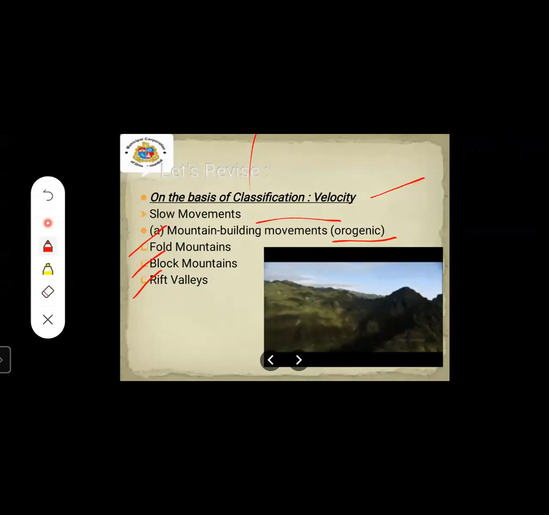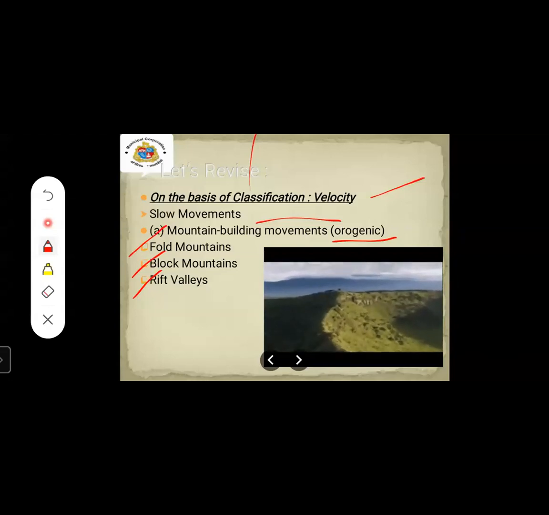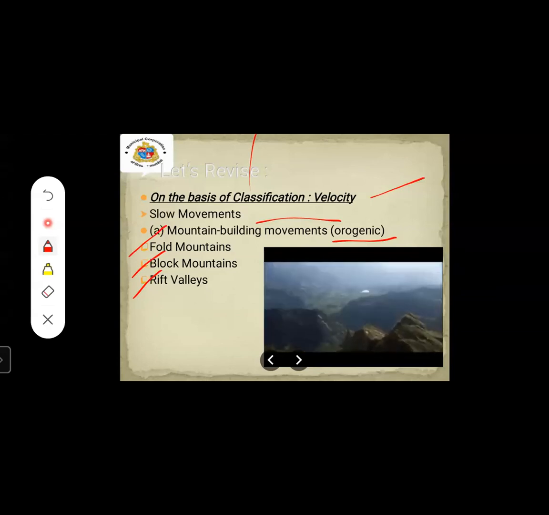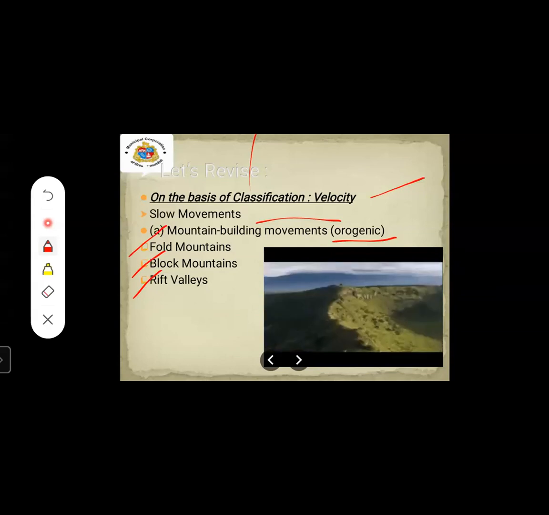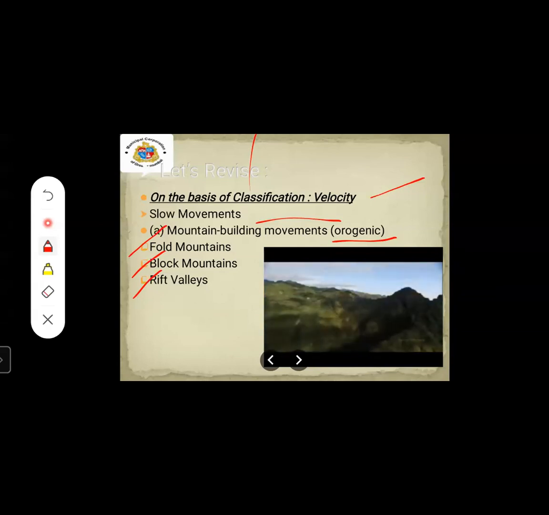Then the molten outer core, in orange color. And the mantle, the red one, that we have studied. Whenever we study the internal movement, student, you have to keep this word in your mind: the mantle, the upper layer, which is in red color.